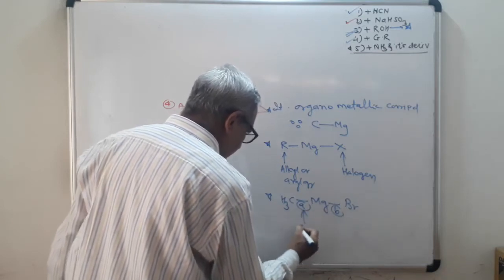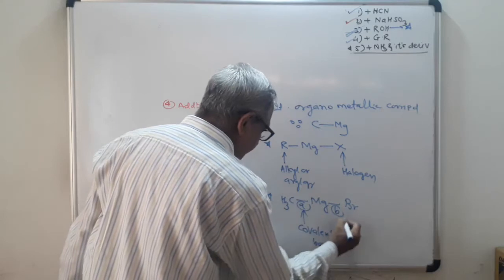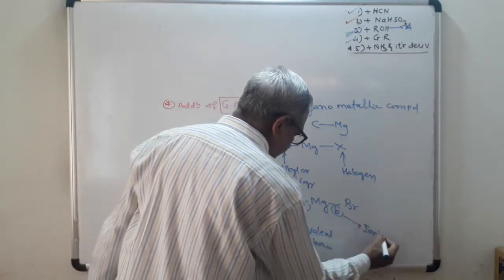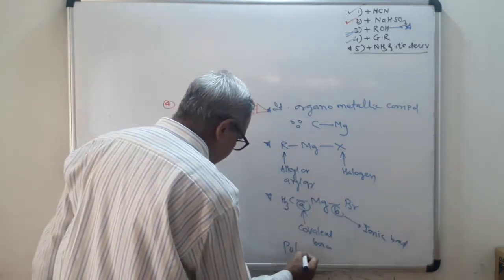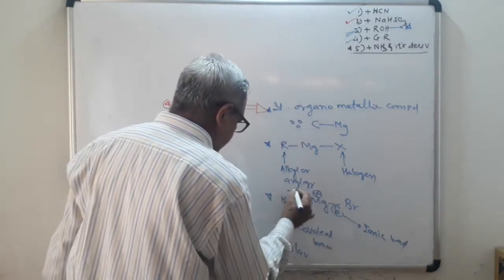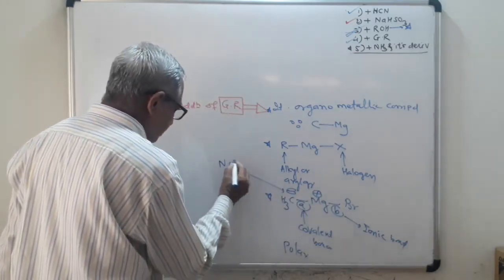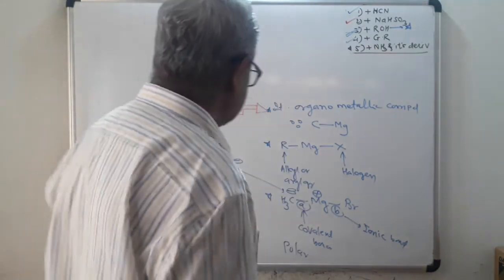A is a covalent bond and B is an ionic bond. Therefore, it is polar in nature. Positive charge is here, negative charge is here. Therefore, this will act as a nucleophile, and Grignard's reagent always undergoes nucleophilic addition reaction.